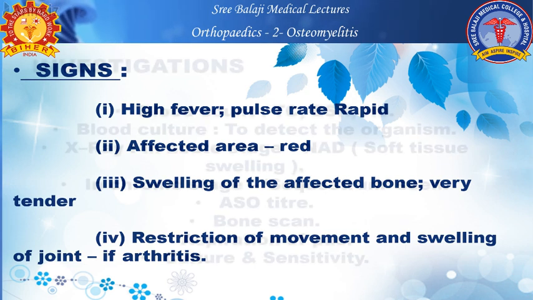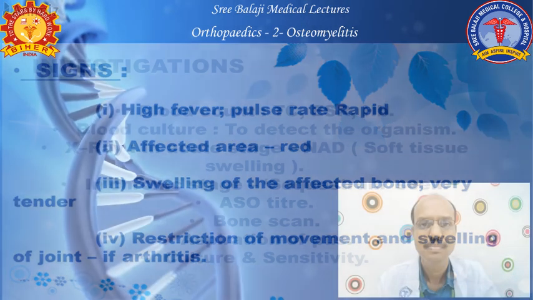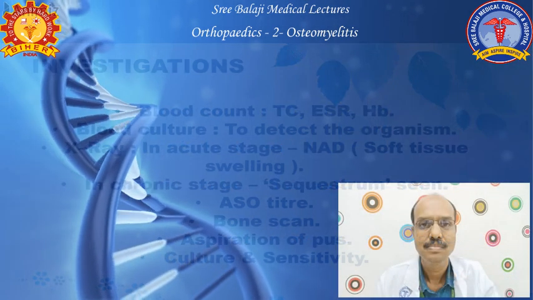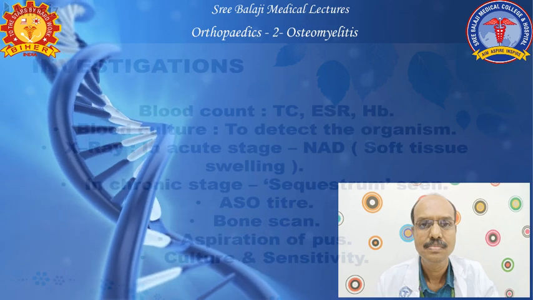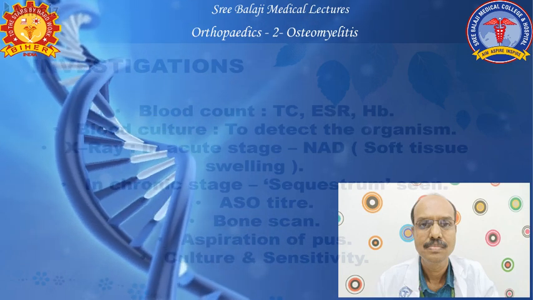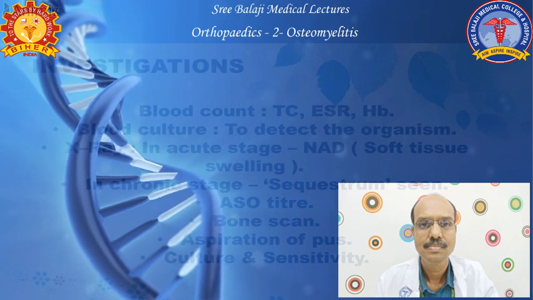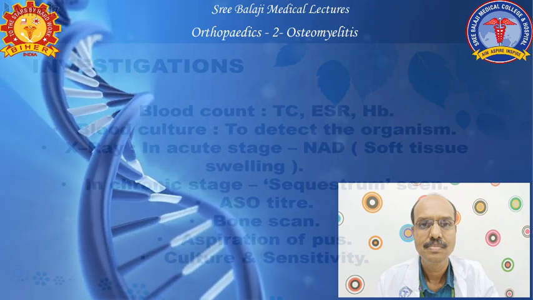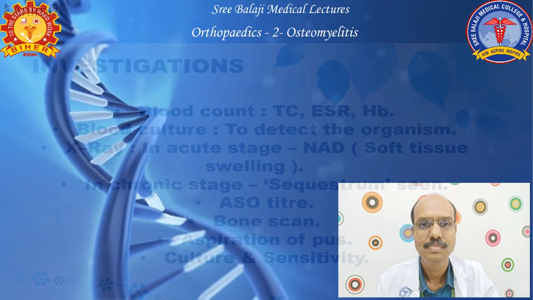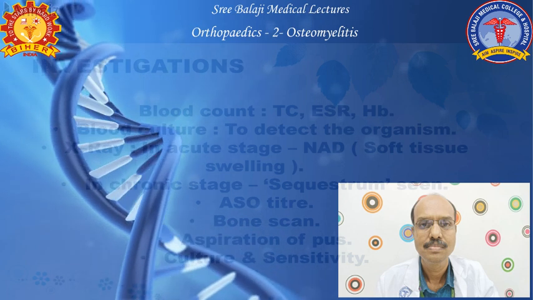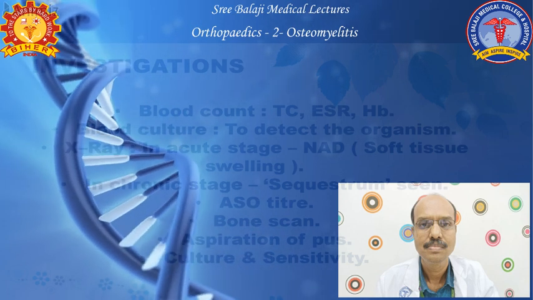Investigations: the total blood count will be elevated, and inflammatory markers like ESR and CRP will be elevated. In the acute stage, hemoglobin may be normal, and in the chronic stage, hemoglobin will be decreased. Blood culture will be useful to detect the organism. The X-ray will be normal for the first week or 10 days.